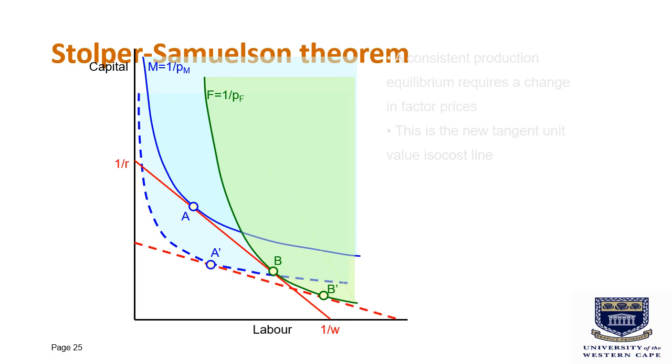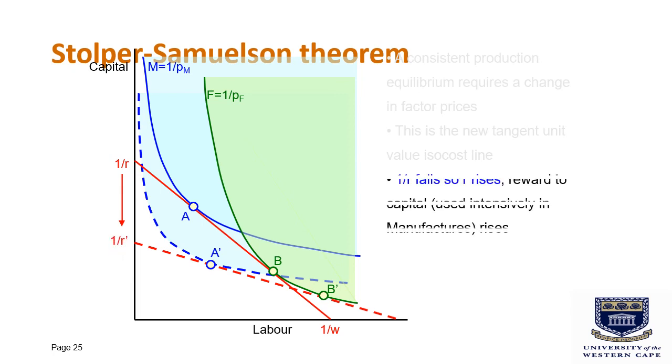But what had to occur to bring about that equilibrium? What happened in terms of the factor prices? If we look at the rental rate of capital, that increased, or the reward towards capital increased. We find ourselves at the new point, 1 divided by R prime. It's as simple as saying, if 1 over R is decreasing, then R must be increasing.